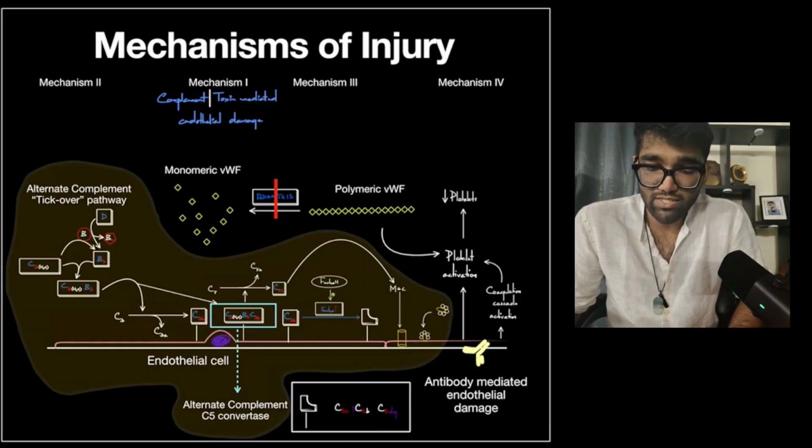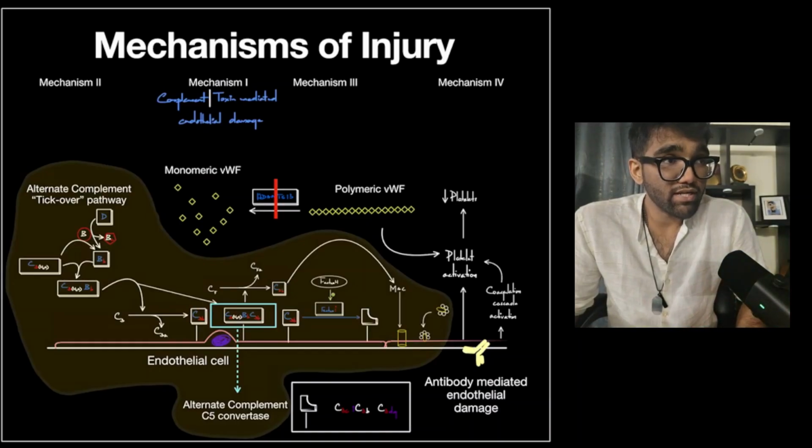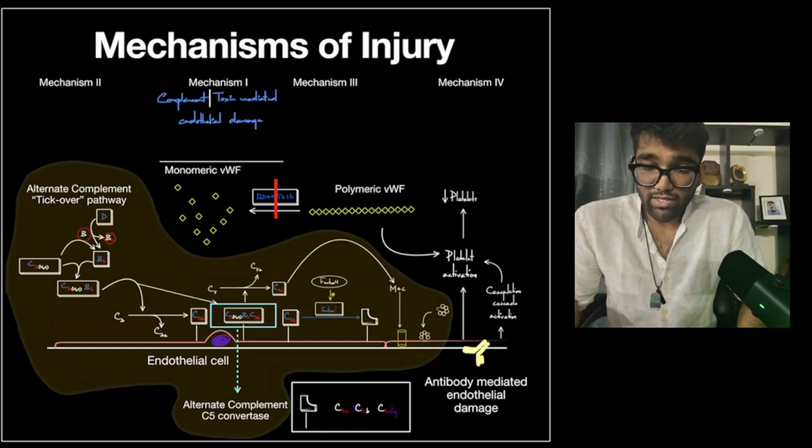Because as we've just discussed, the alternate complement pathway is constitutively active. That is why it is called the takeover pathway. And if it is not inhibited, it keeps damaging endothelial cells in a runaway reaction. Now, similar to this, mechanistically at least, if there is a toxin that can perform the same function as the membrane attack complex, that also will have the same effect. Okay, so that is this.